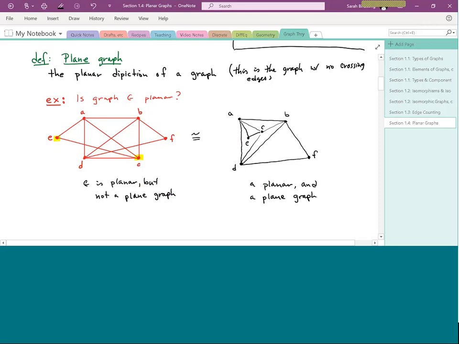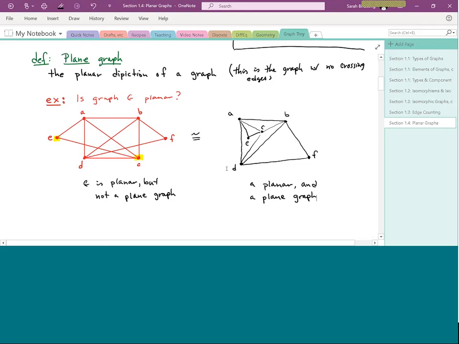So yes, there is a terminology change when you go from the graph that has the crossing edges to its form where you don't have the crossing edges, and that's whether you use this term plane graph or not a plane graph. But the buzzword planar is any graph that's isomorphic to a graph that has no edges that are crossing.